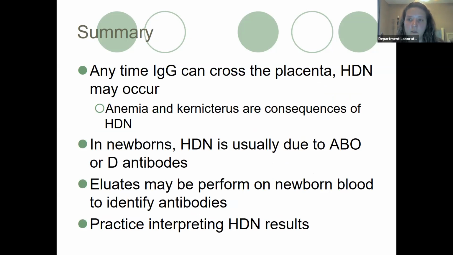All right, so that concludes lecture 27. In summary, remember that anytime mom has a circulating IgG in her plasma that is considered clinically significant, meaning it can cross the placenta, it can cause hemolytic disease of the newborn. The concern is that the baby will have symptoms of anemia.